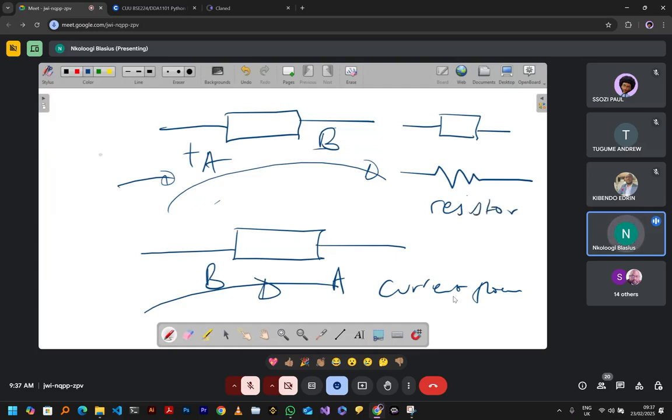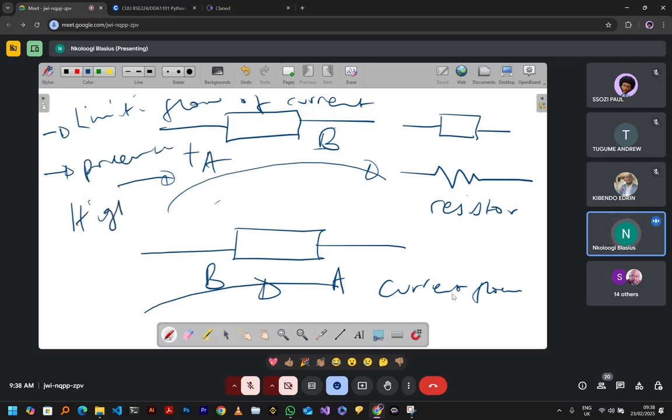The main purpose of a resistor is to limit flow of current. As we shall also later see, we can also use resistors to prevent high impedance in circuits, or what we call floating.